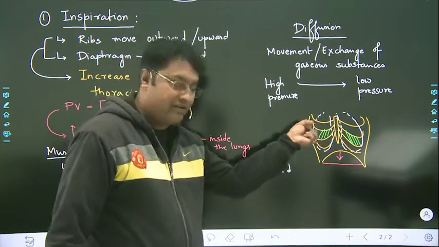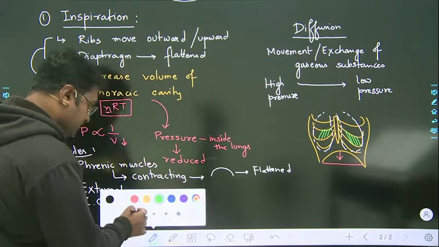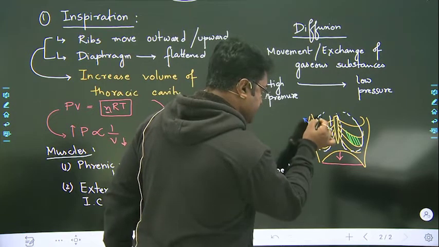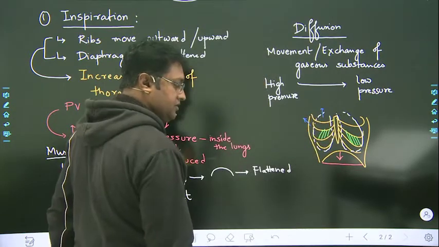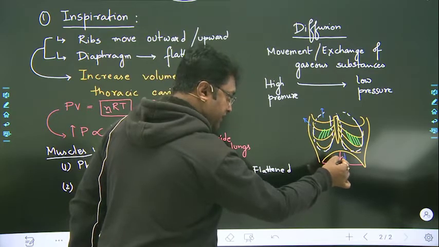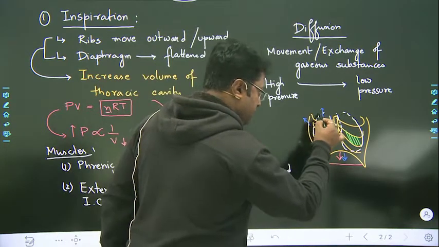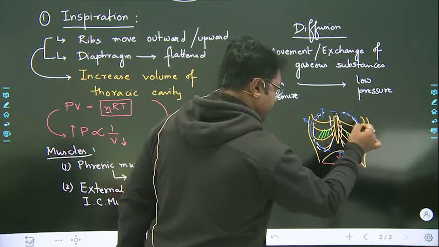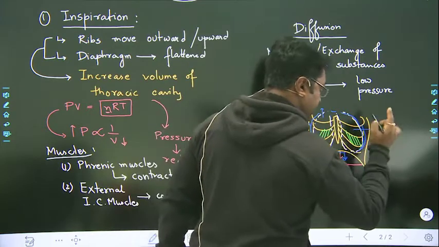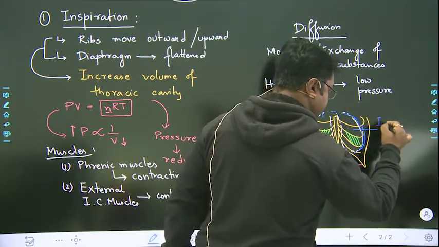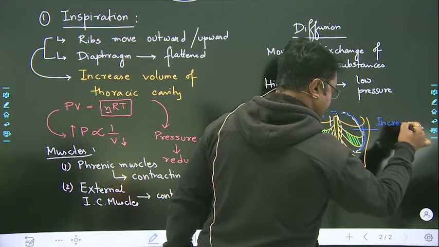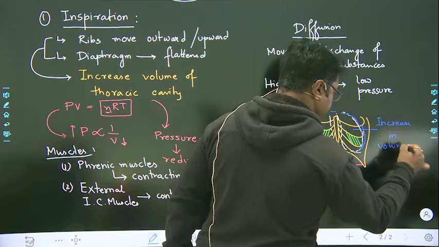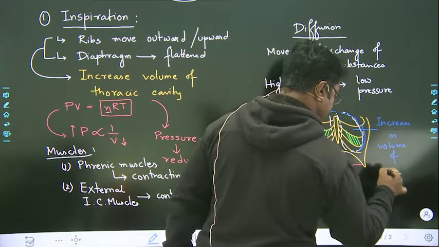Clear? And if they get contracted, what will happen in the movement? Now the ribs will move outward and a little upward, and the diaphragm will move downward. So the overall volume of the thoracic cavity will increase.